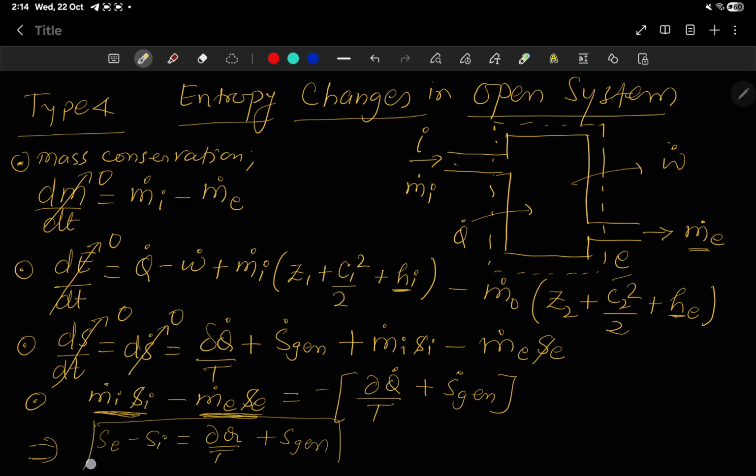So this is the relation for open system. This is for steady flow. In case of steady flow, open and closed system, the equations are same. Okay, so we will solve the numerical based on these: type 1, type 2, type 3, type 4. So this is all for today.